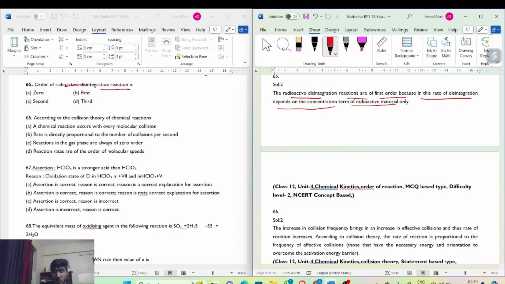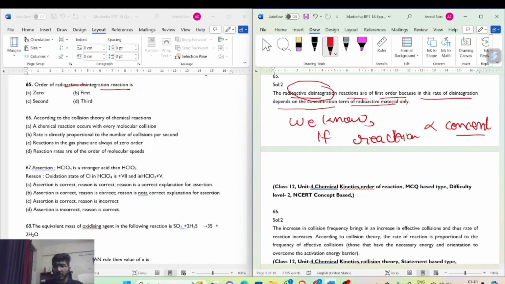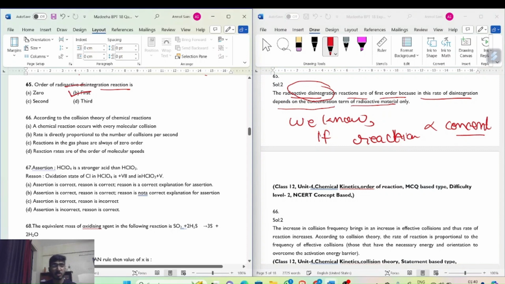If the reaction depends on concentration, then it will be first order reaction. In radioactive disintegration, it depends on the concentration, so it will be the first order reaction. So the correct option is option number B.